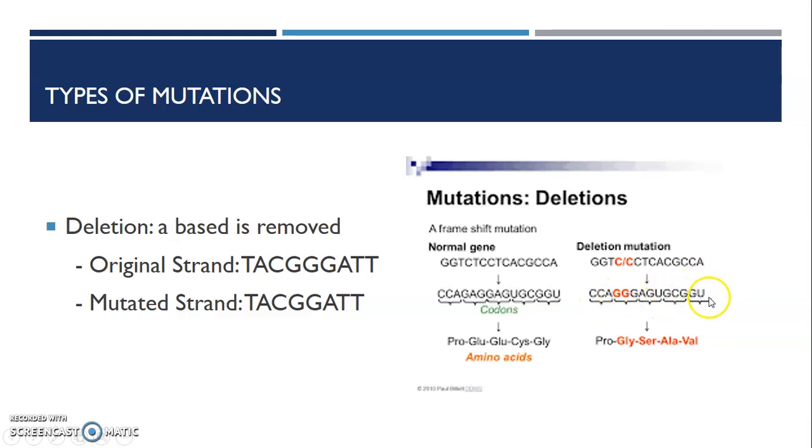The fifth codon is missing one, so we actually wouldn't have this Val unless we knew what the rest of the sequence was. Again, it shifted all of the amino acids, and so this is going to make a different protein with a different shape.